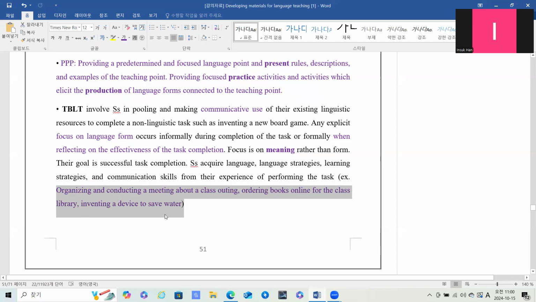By performing these kinds of pedagogical tasks, which are slightly reshaped to be performed in the classroom, the students can be prepared to use their English outside of their language classrooms.